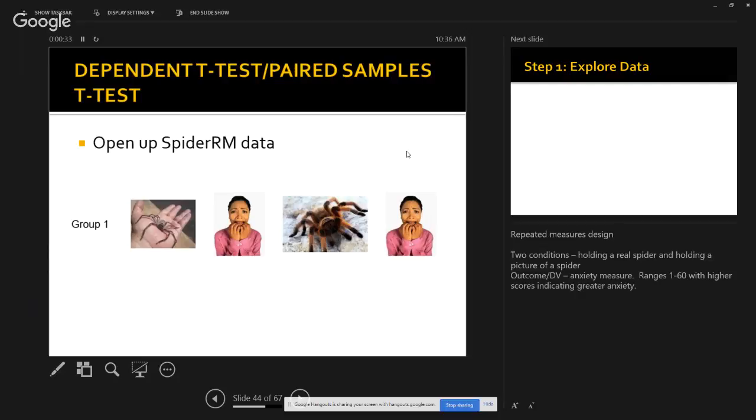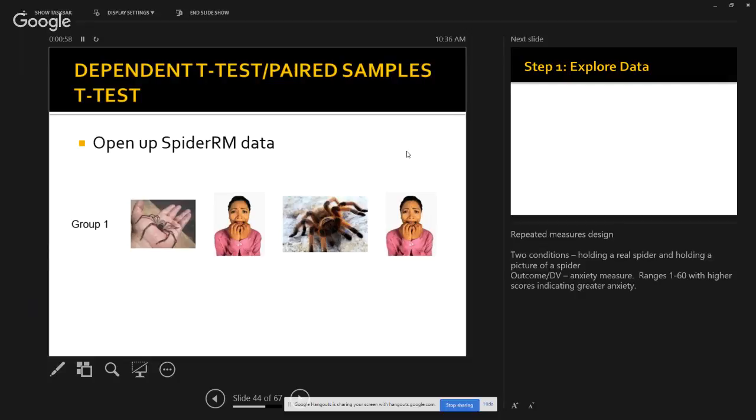Okay, this is repeated measures. And so obviously the person is doing both conditions. So I'm going to be going back and forth between the PowerPoint and the data. We're not going to be focusing a lot on interpreting the output, okay? Just like in your assignment, it's the same thing.